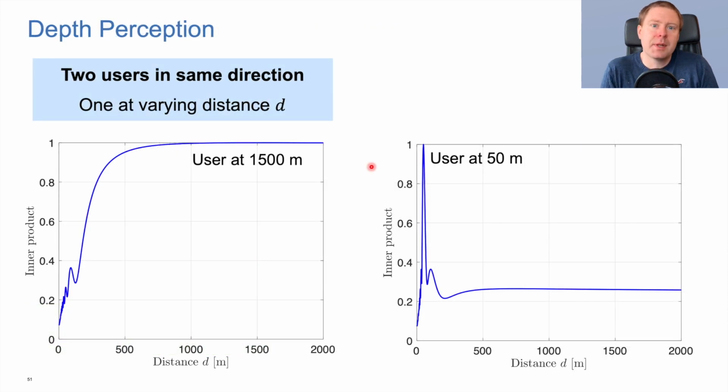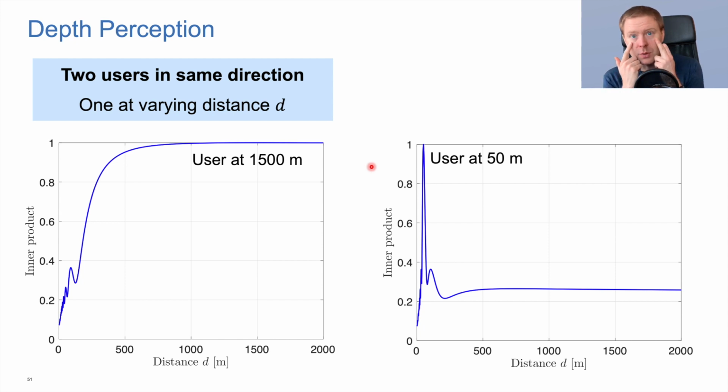So what is happening when we can see the spherical wavefronts is that we get a depth perception. So that is something that you can notice yourself when you have two eyes. So if you hold your hand over one eye, you can really measure the depth to different objects.